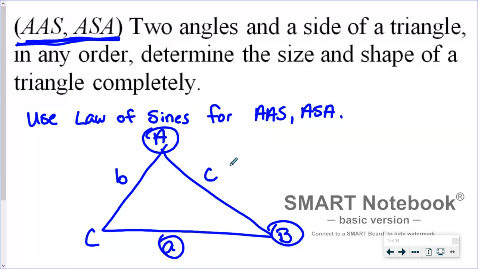Also, if you had angle, side, angle, this would be ASA because I have an angle, a side, and an angle, so a side between my two angles.